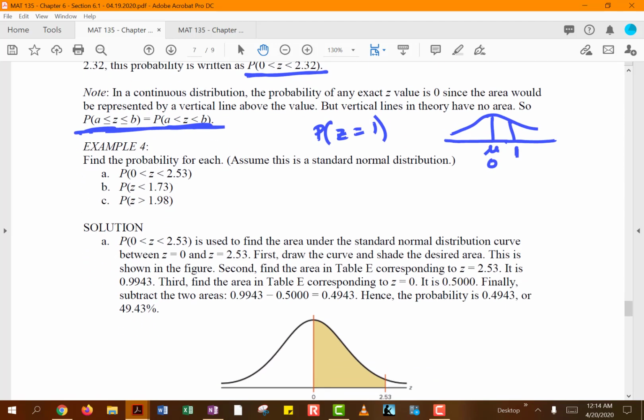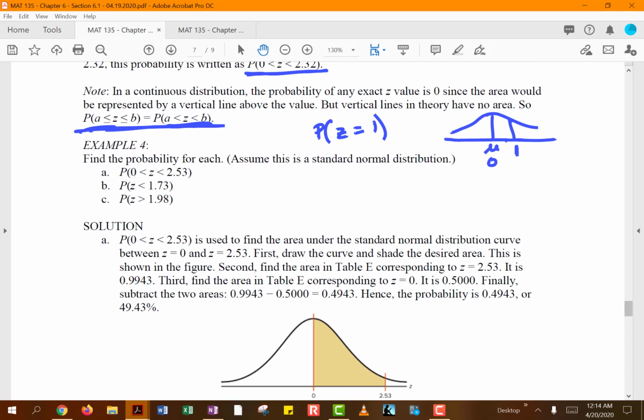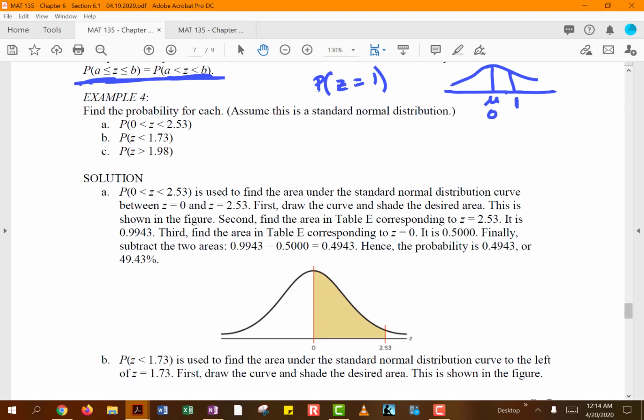Okay? Alright, so let's look at this example here again and just make sure you guys are comfortable using the table and then thinking of this as a probability also. So the first one is asking us to find the probability that the Z value we select is going to be between 0 and 2.53.